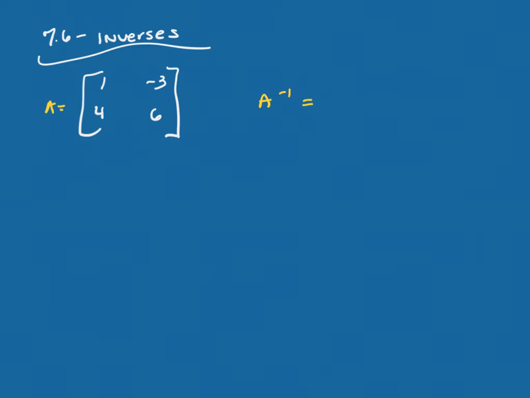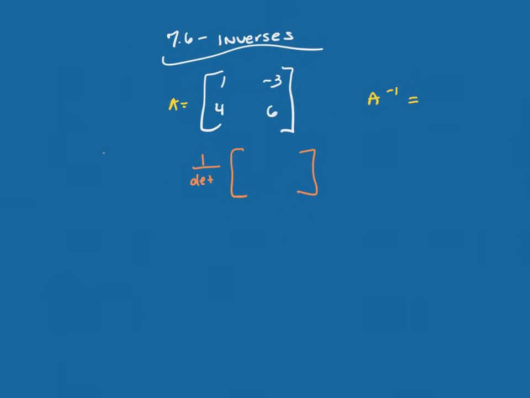So with a 2 by 2, I would obviously recommend the shortcut, which is do 1 over the determinant times you switch. So if it started as A, B, C, D, then you switch the A and the D and you change the signs on the C and the B.